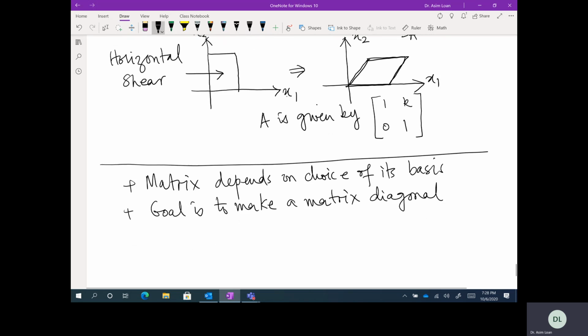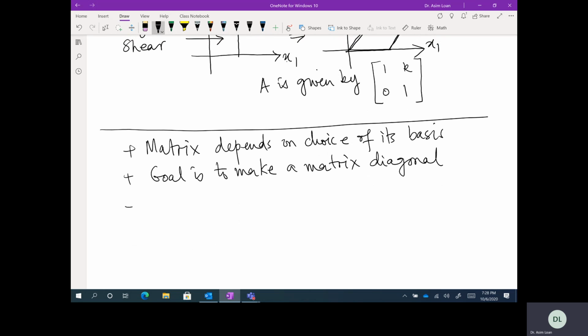So we want to diagonalize a matrix. In chapter 5, we will see A becomes S inverse A S.